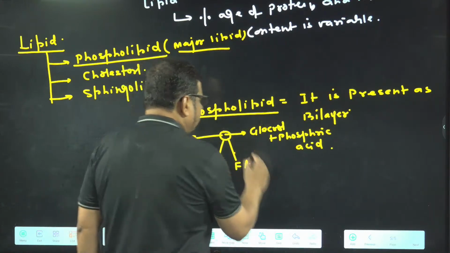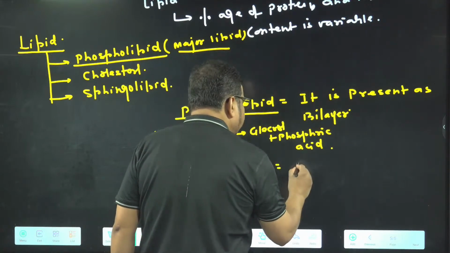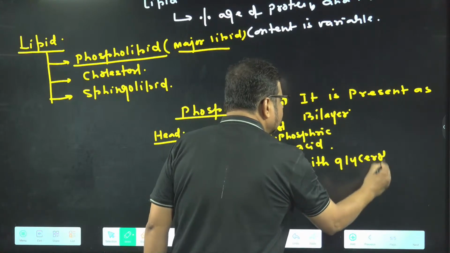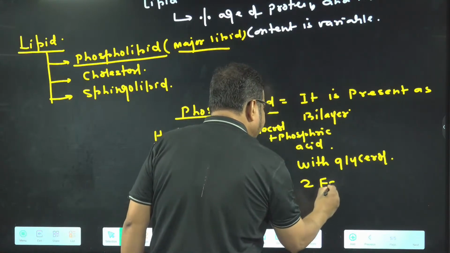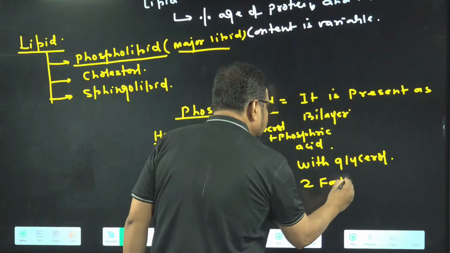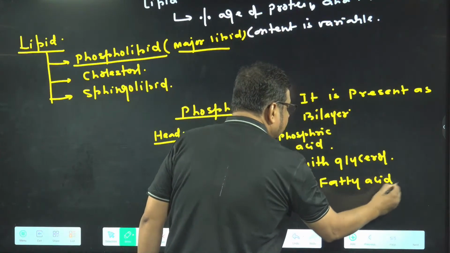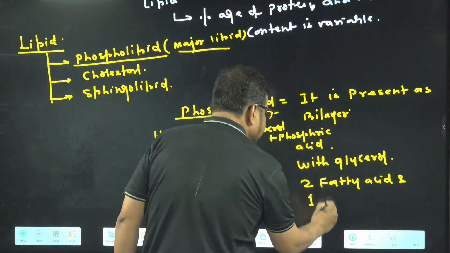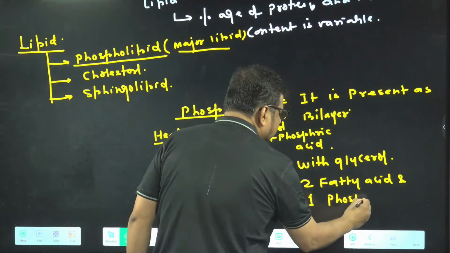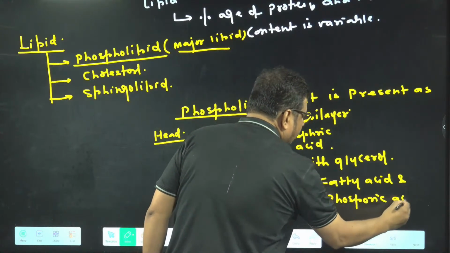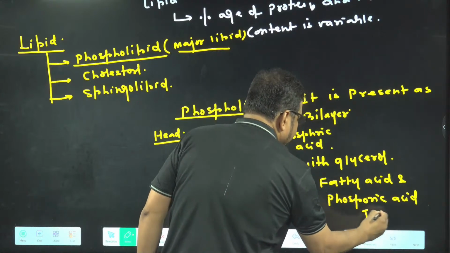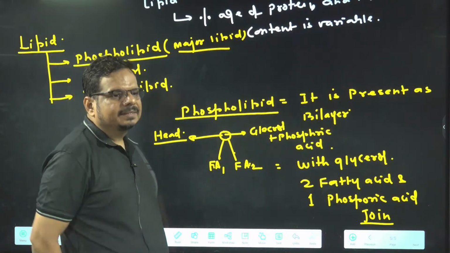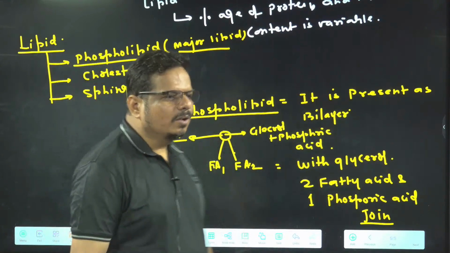So what I am telling is, in this phospholipid, with glycerol, 2 fatty acids and 1 phosphoric acid are joined. Along with glycerol, how many? 2 fatty acids and 1 phosphoric acid joined.